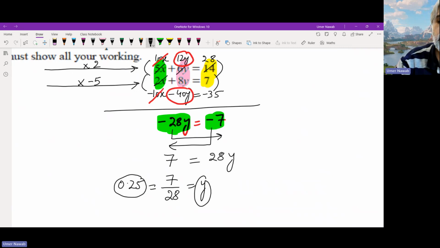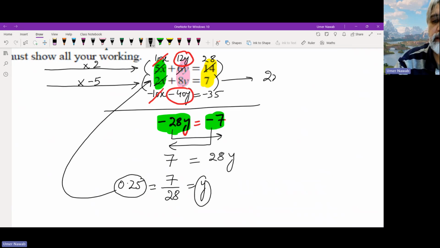Now I can plug this value anywhere. It looks like this equation is easier. So 2x plus 8 times 0.25 is equals to 7.